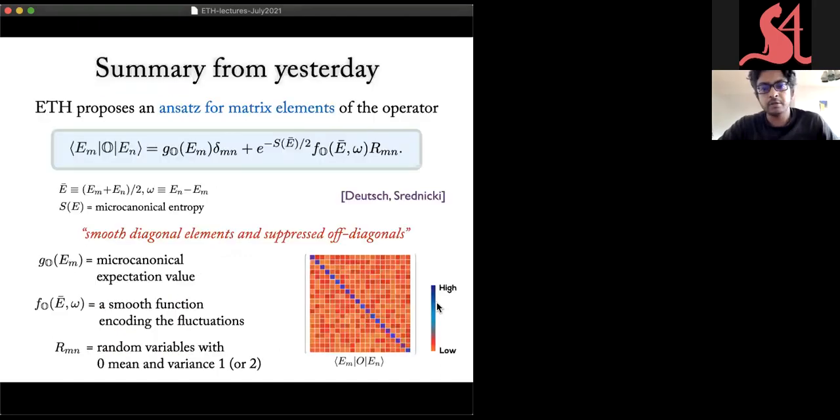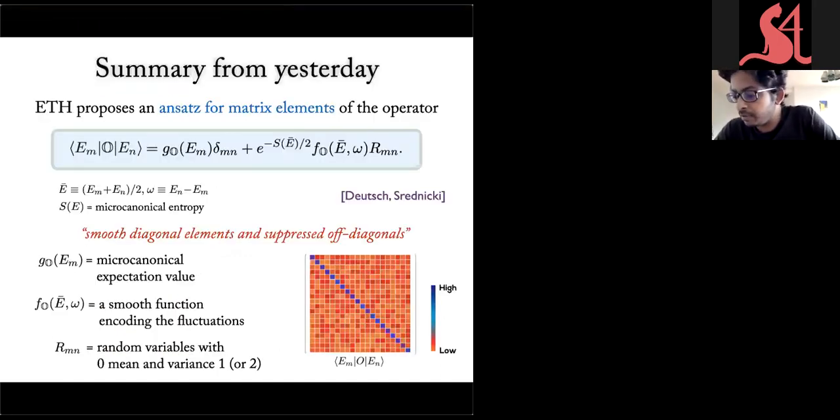All right, let's begin. Just a summary from yesterday, we discussed this ETH ansatz, which is an ansatz for matrix elements of an operator O. It has a leading piece, a diagonal matrix times essentially the microcanonical expectation value of this operator O. And this is the subleading term, which consists of the fluctuations.